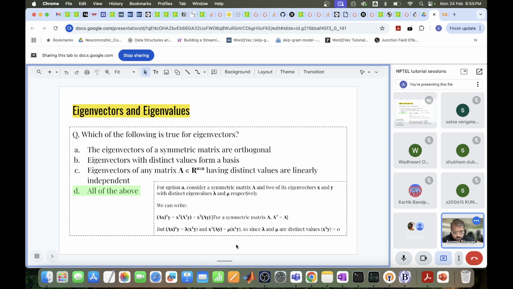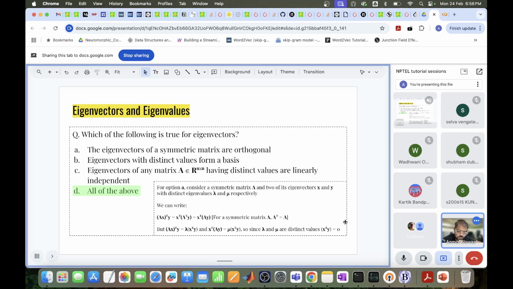And we are given that lambda and mu are distinct values, which means that to have both of these equate to the same value, X transpose Y must be 0, right? Since lambda and mu are distinct, X transpose Y must be 0.